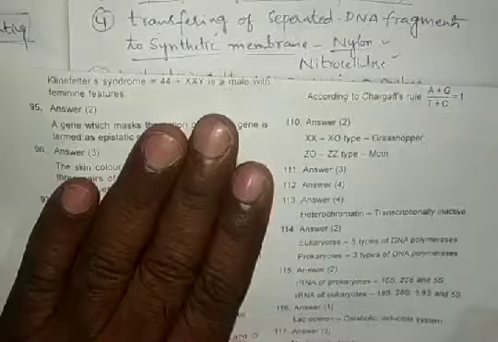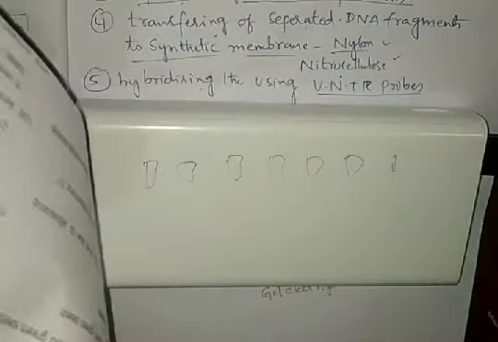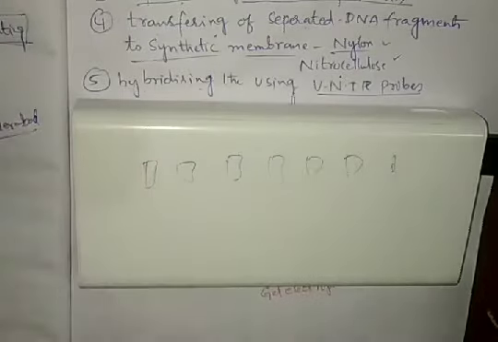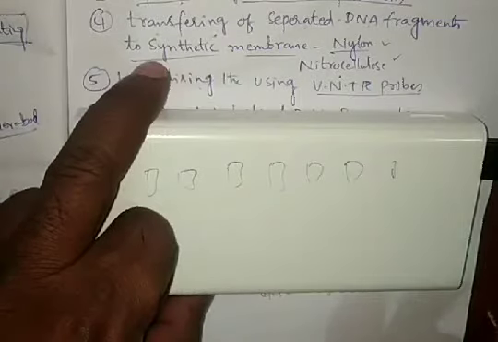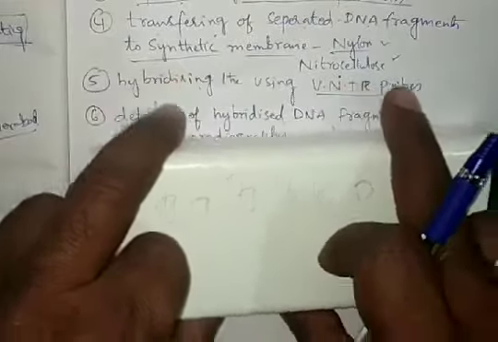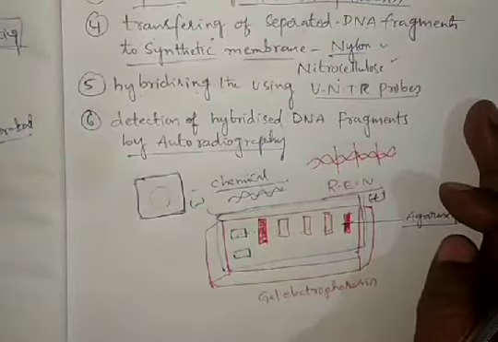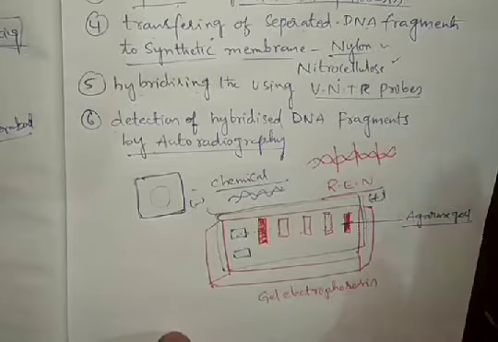Because of that, all the DNA segments are attached to the nitrocellulose sheet for proper observation. This transfer of separated DNA fragments to a synthetic membrane, nylon or nitrocellulose sheet, is called Southern blotting. It is named after its inventor, E.M. Southern.